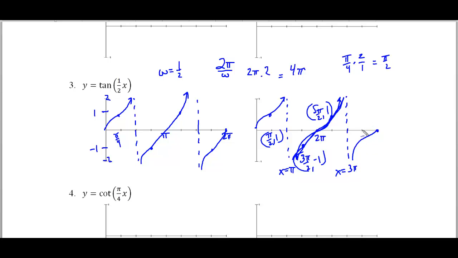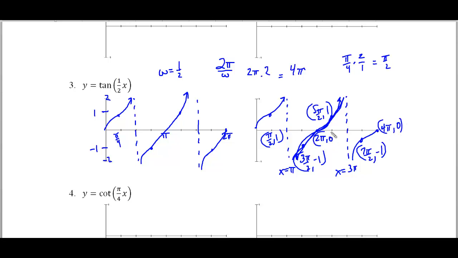And this dot here would be 7 pi over 2 comma -1, and this would be 8 pi over 2 comma 0, or 4 pi comma 0.